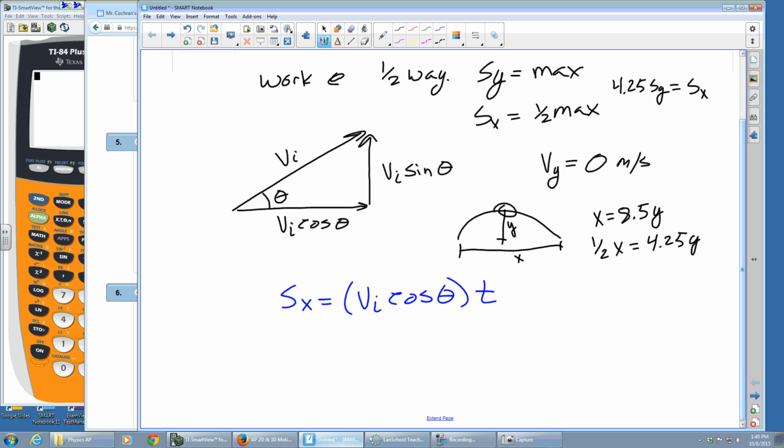And the y, sy will equal vi sine theta t minus 1/2 g t squared, right?